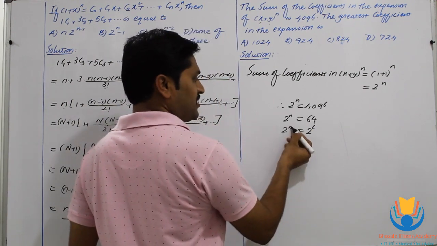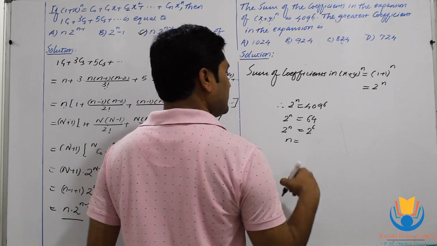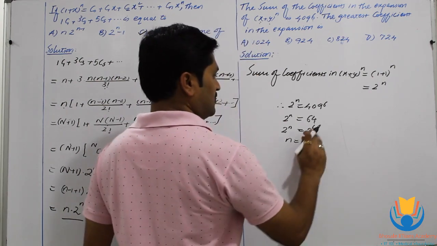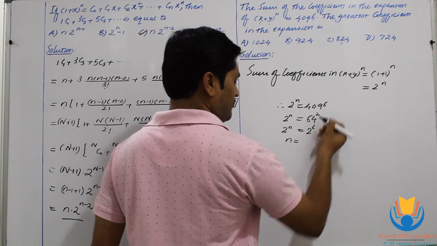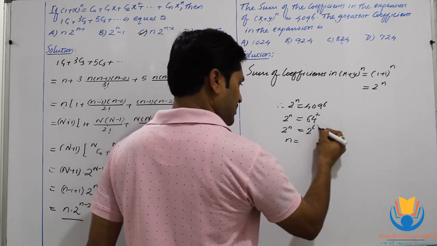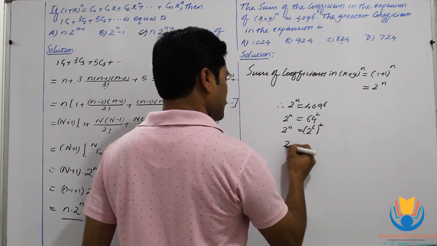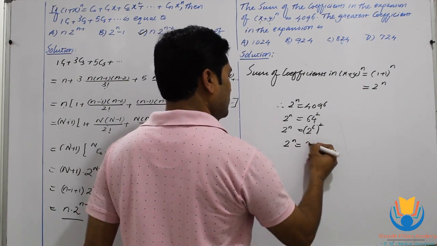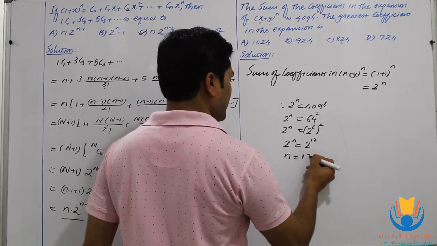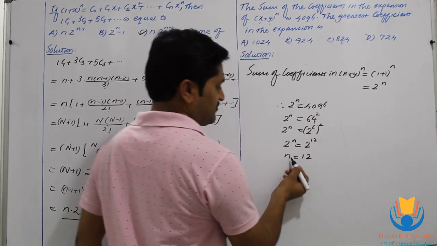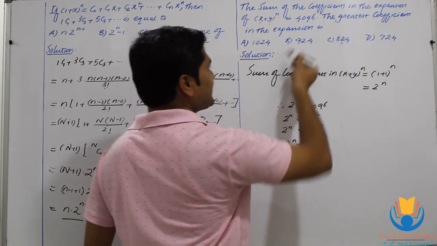So when you compare their indices as bases are equal, therefore the value of n is equal to, so this is the square of that 64, and here we will write that raised to 2, and this will become 2 raised to 12, and therefore the value of n is 12. That means first we got the value of n to be 12, and now we can find the greatest coefficient in this expansion.